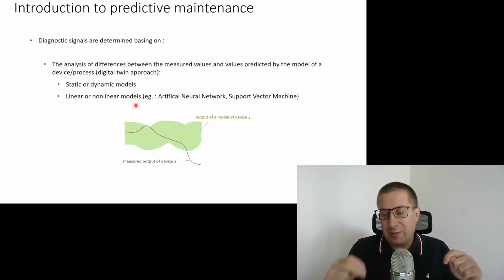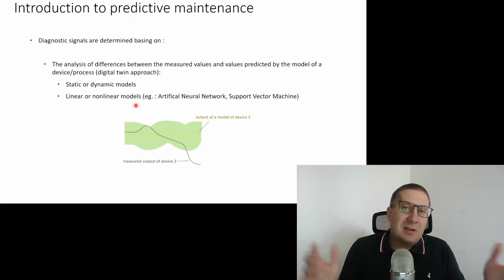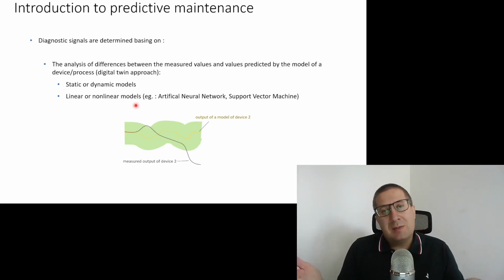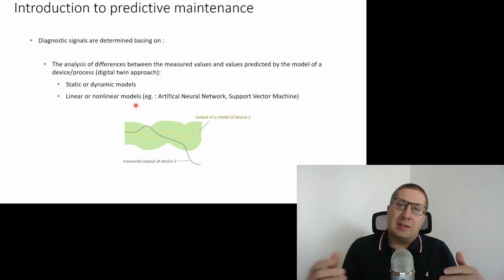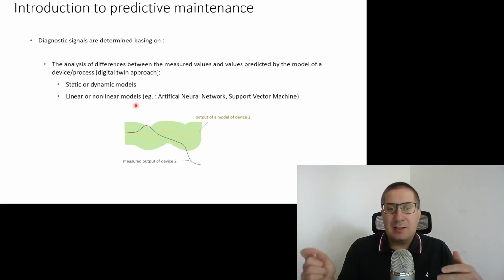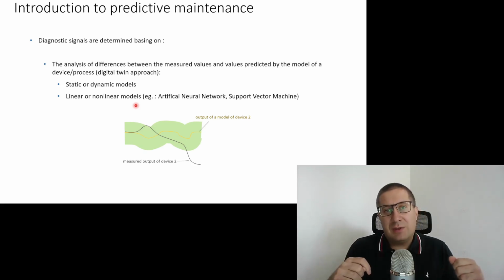So every time we have to think about this. We can use linear or nonlinear models. We can use even deep neural networks. We had such projects where we used deep neural networks to create those predictive models that are used in calculating those differences.